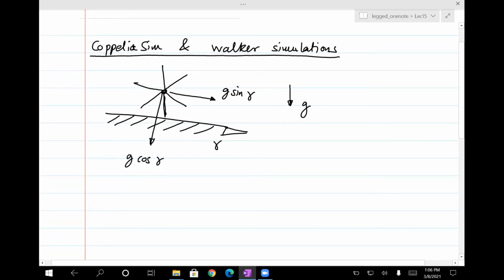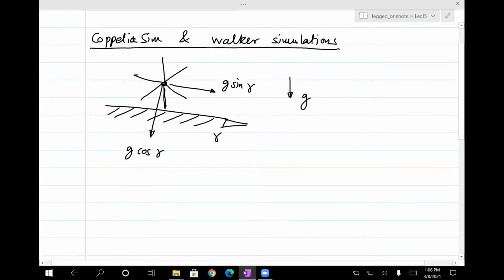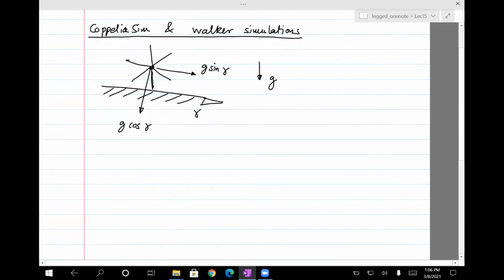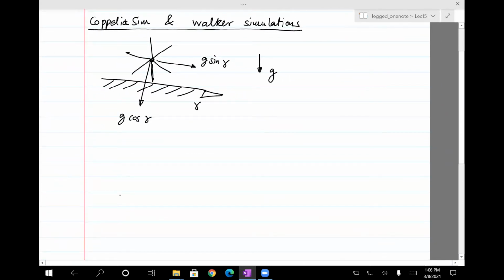Now, this is how we envisage things, but what you can do, and this we've done in MATLAB, is, instead of having a slope at gamma degrees, assume it's on flat ground, and instead of having gravity pointing vertically down with the component g, we put gravity as g cos gamma and g sine gamma.